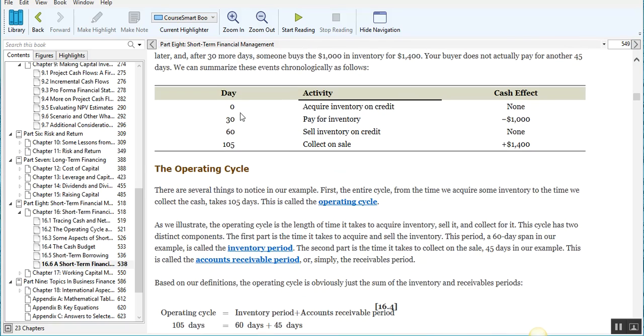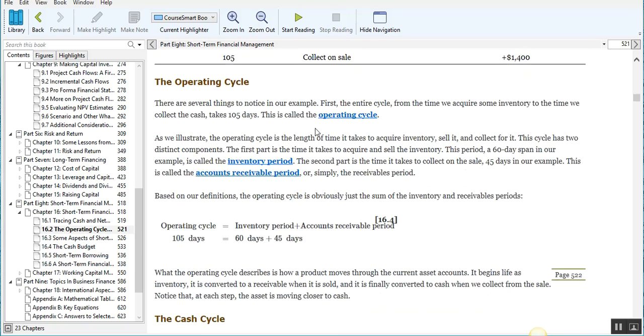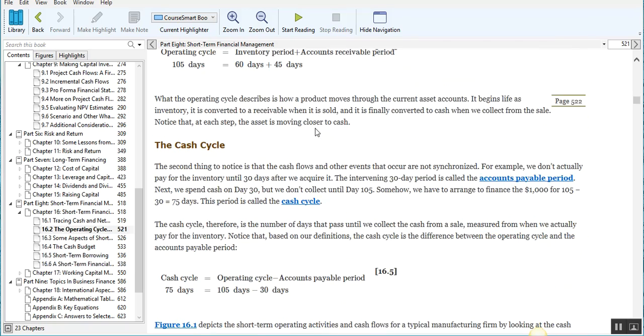In this cycle, we pay for the inventory before we can sell it and before we collect cash. So that means we need to have some kind of financing.